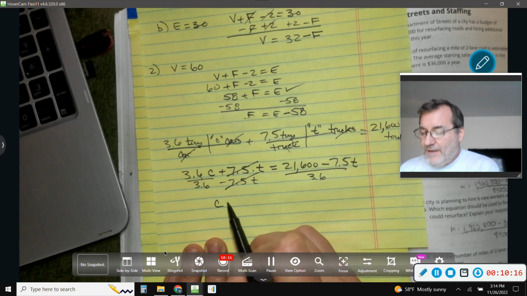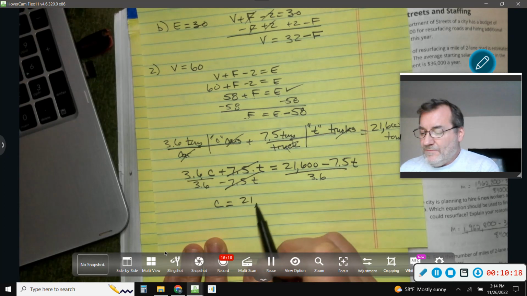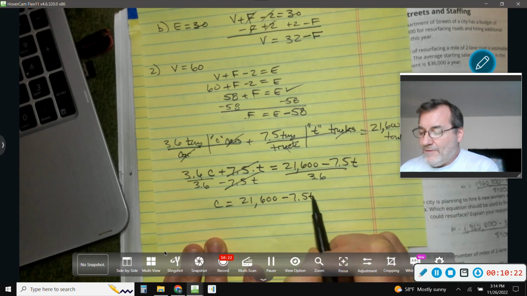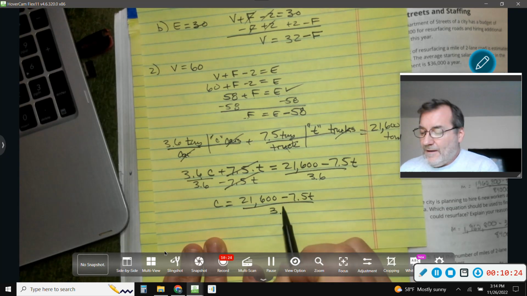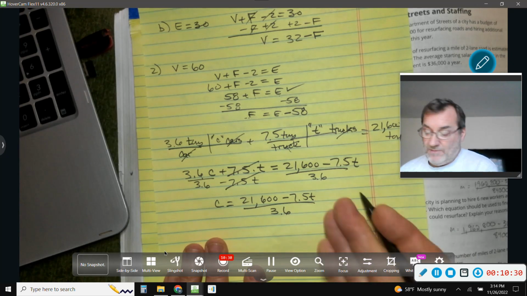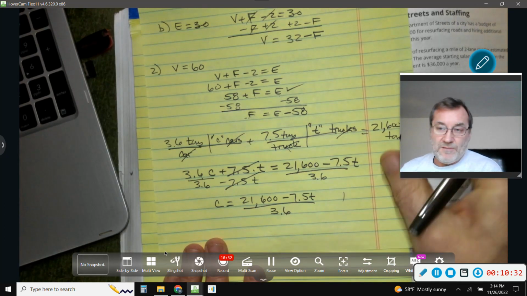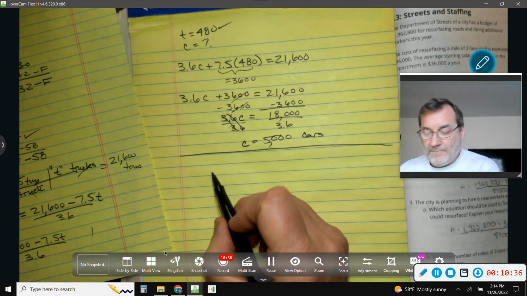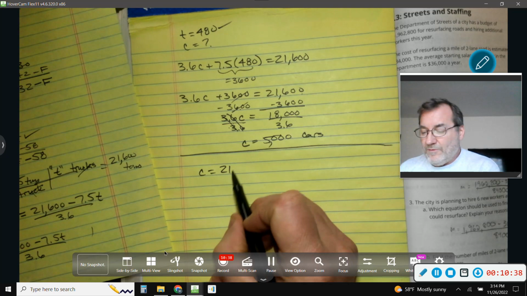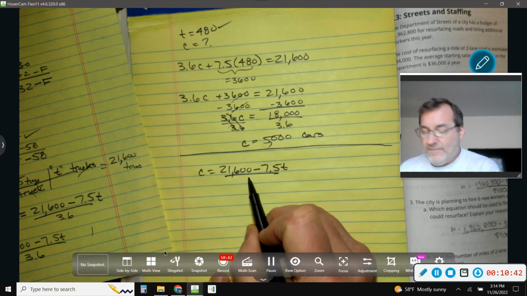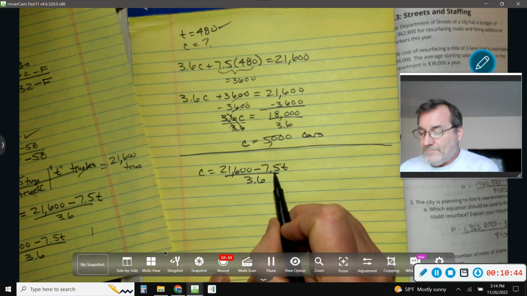Since I have a whole bunch that I'm going to be solving for, one right after the other, I can just put these numbers together like this. Now I have a nice equation. I don't have to do much. I just manipulate the equation. Now I do my substitution. Right. So if we do that, C equals 21,600 minus 7.5t divided by 3.6.